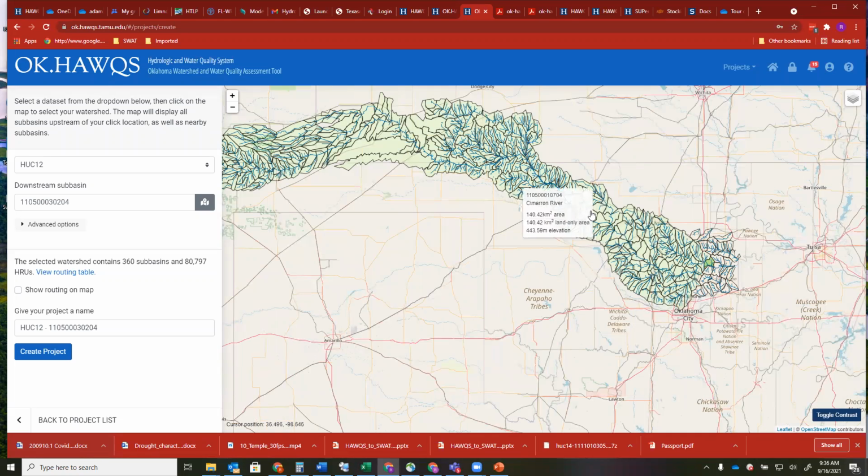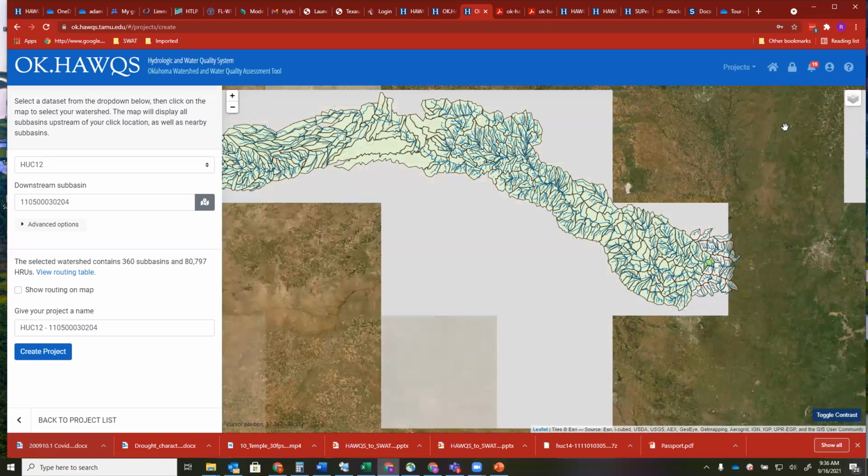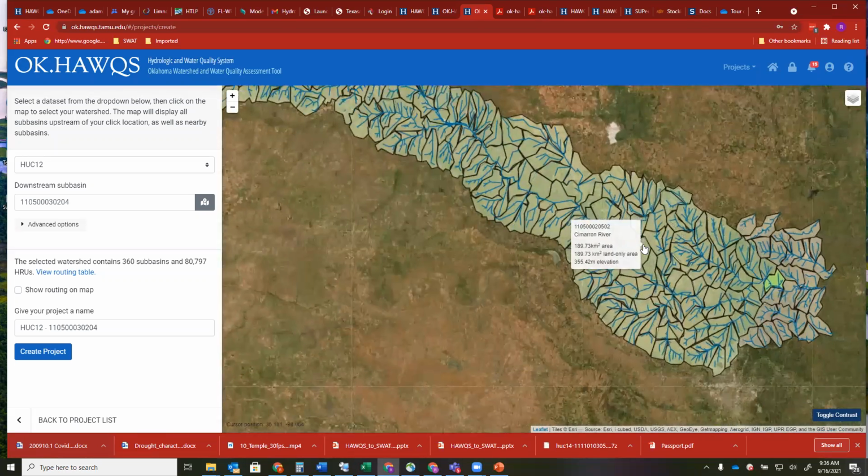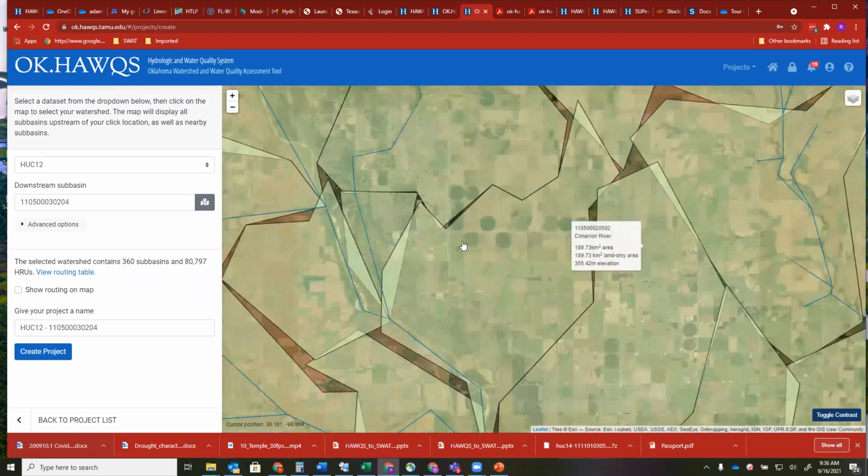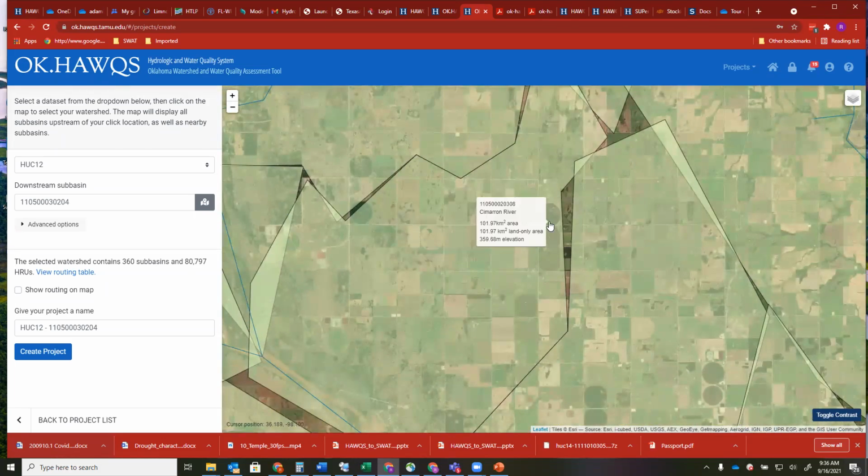And like I said, you can move your mouse to find out exactly the 12-digit number and the area and the creeks and all those things. Another nice feature is you can change your background map. If this is not good enough, you can change it to satellite map and see more clearly what's underneath. For example, you can see the central perch system, ag and range and forest and whatnot.